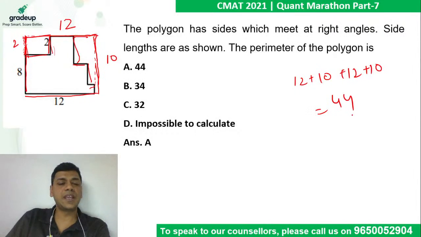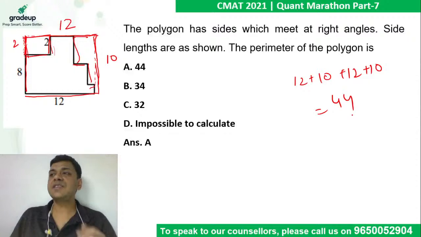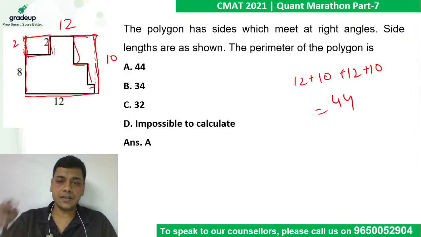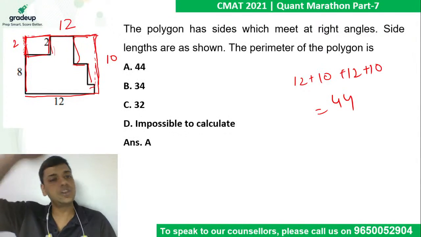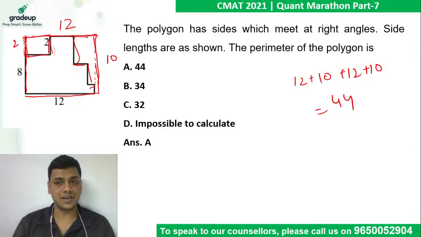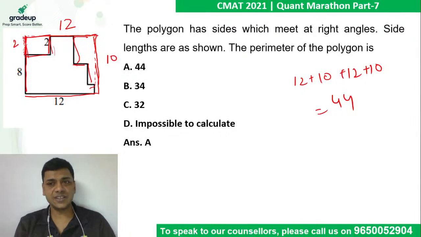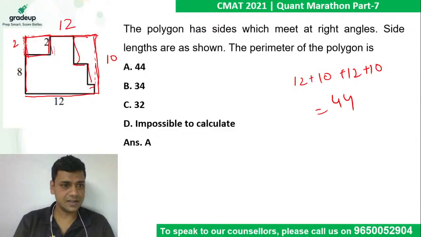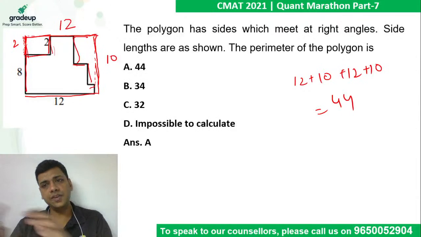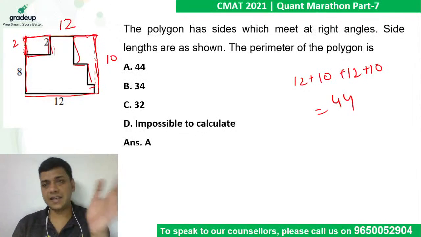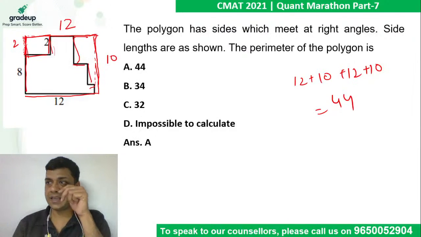That's option A. So basically it was just a rectangle and some sides of the rectangle were pushed down or pushed right or left. Is it clear? We just moved sides slightly up and down, right and left. Otherwise it was just a rectangle.